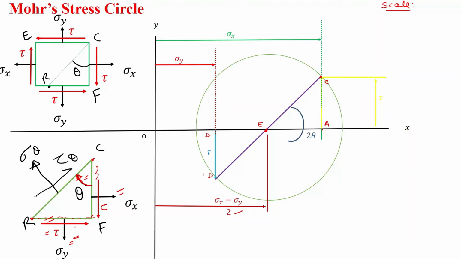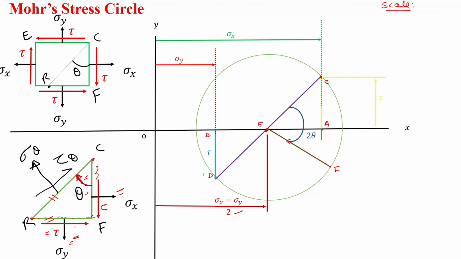So we mark the 2 theta angle in clockwise direction from EC, and now this is EF. EF represents our inclined plane CR. This plane is represented by EF in Mohr circle, which is inclined at 2 theta angle in the Mohr circle, and in the stress element it's inclined at theta angle in clockwise direction.